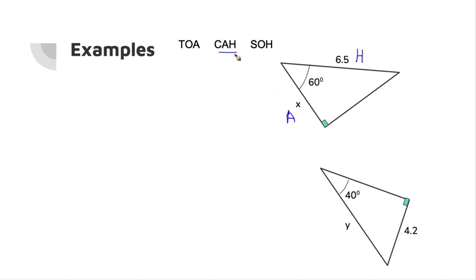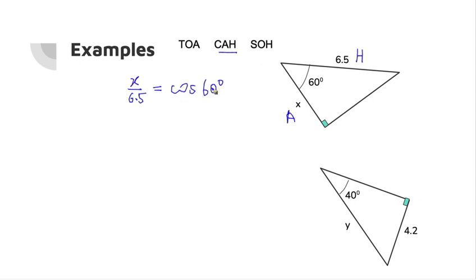So this is where we use cosine, right? Because cosine is adjacent over hypotenuse. So therefore we can form the ratio adjacent over hypotenuse is equal to cosine 60 degrees.